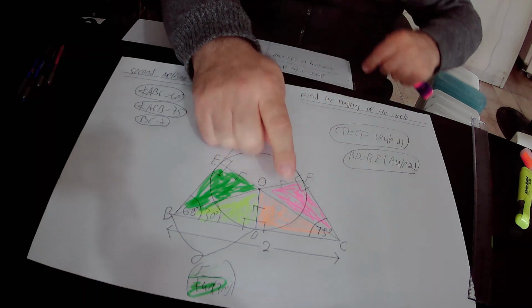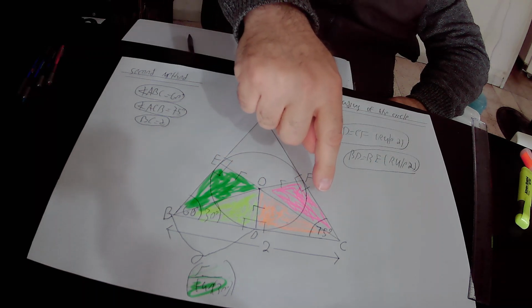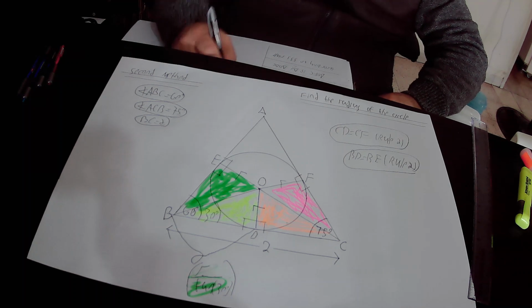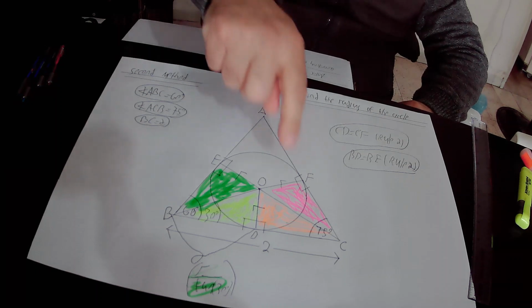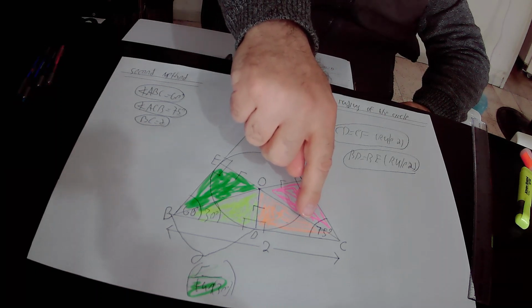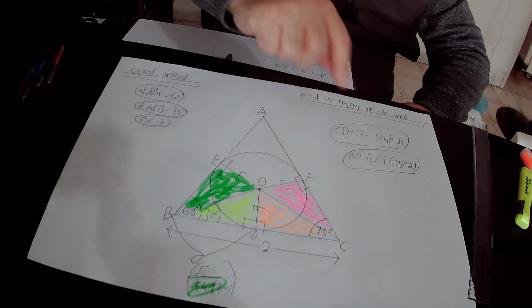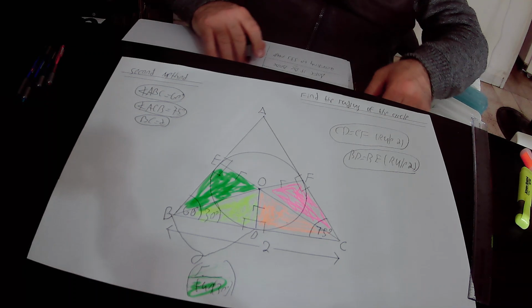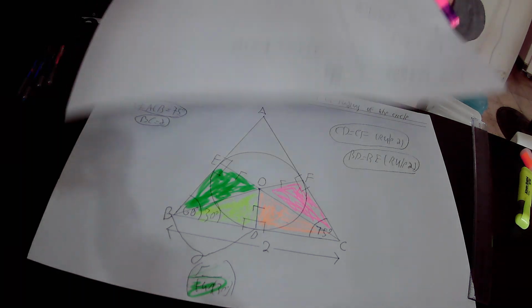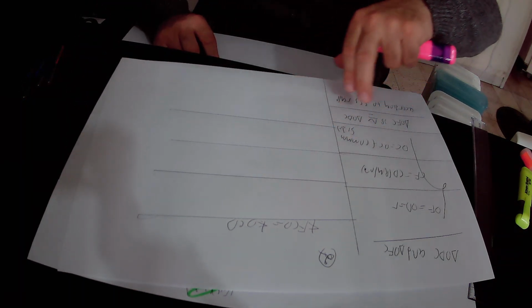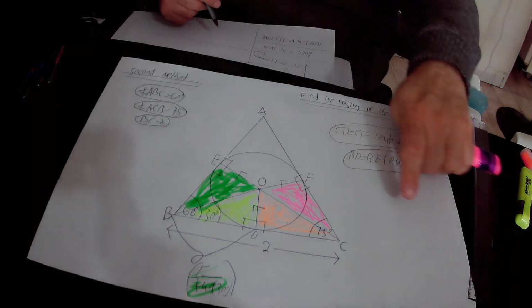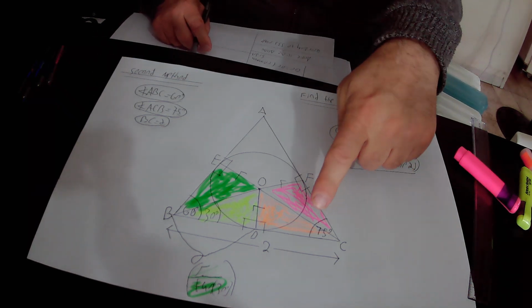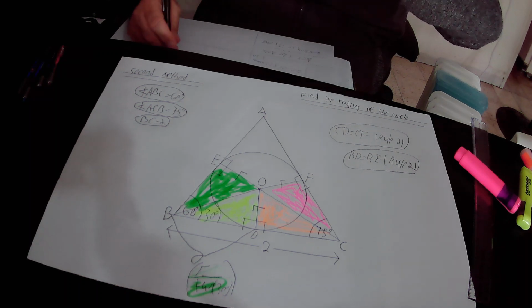So this is angle FCO in the pink triangle, and it is equal to angle OCD in the orange triangle. If we define this angle as alpha, then the other angle must also be equal to alpha.